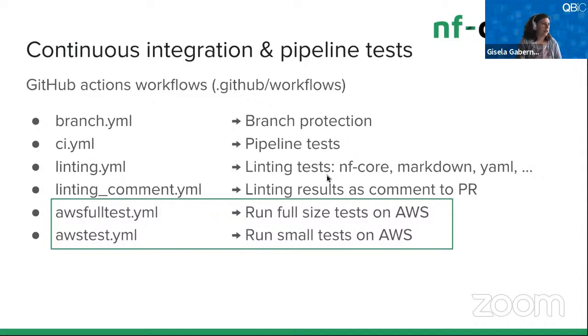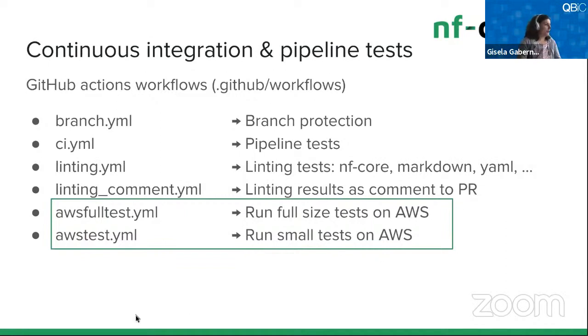One linting workflow runs the NF Core linting tests, but also other code linting commands, for example, Markdown linting for all Markdown files, YAML linting, and there are now some additional ones like editor config that lint for trailing white spaces and that the indentation is fine for all of the files, things like that. Finally, the linting comment GitHub Actions workflow posts the linting results as a comment to the pull request.